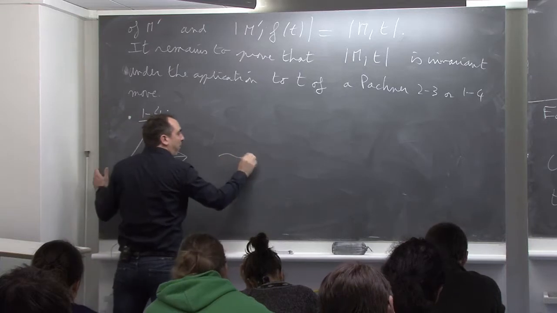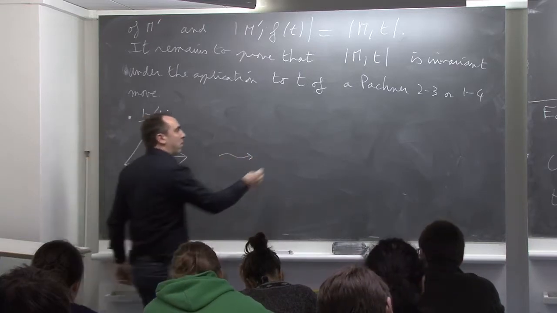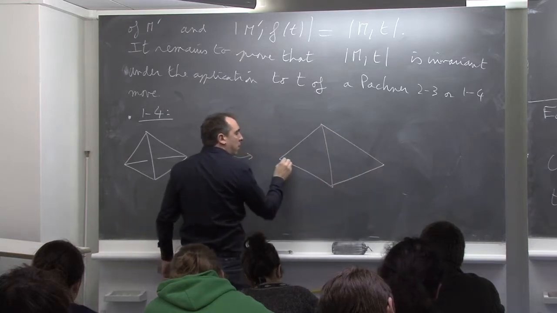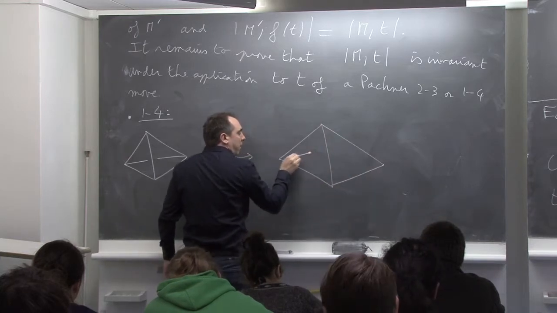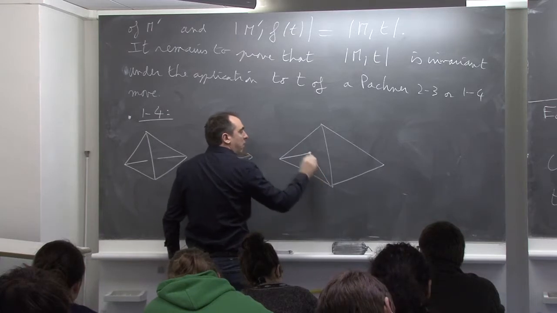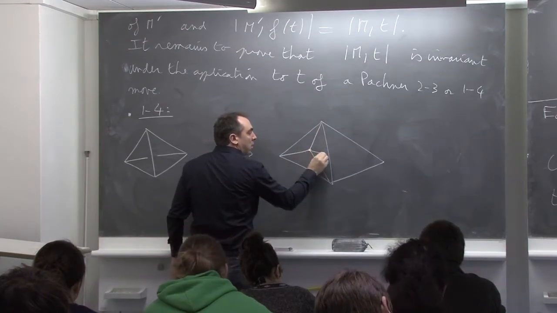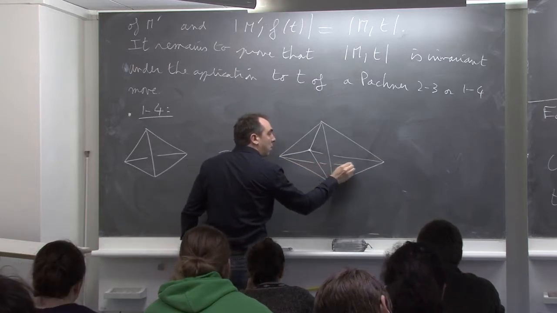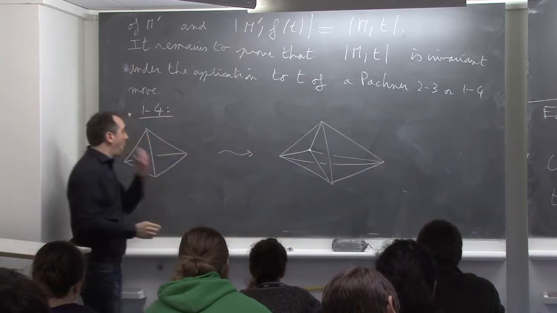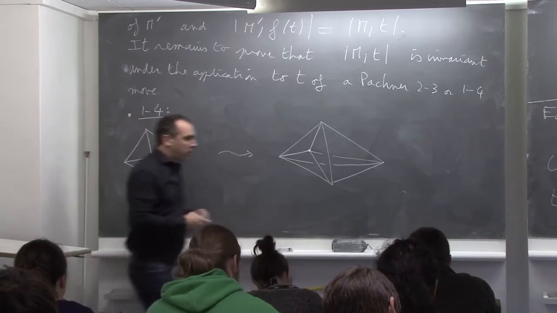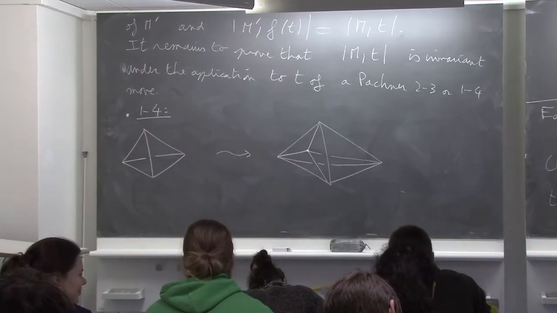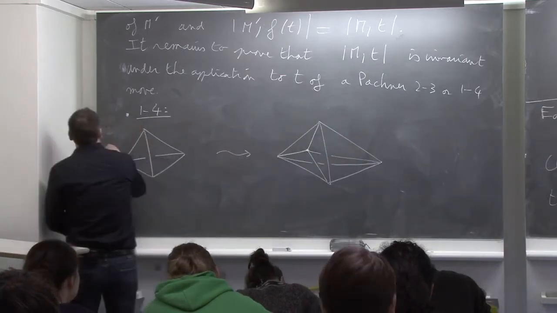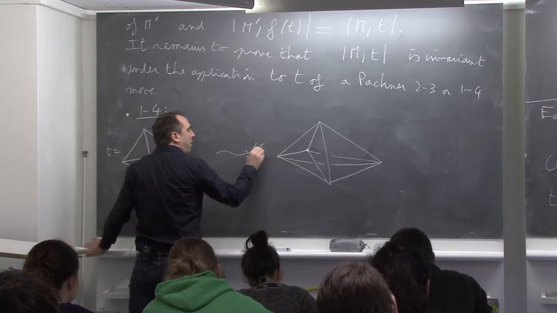And what happens is we add a new vertex inside the tetrahedron and new edges. Okay, like this. Now, our triangulation T is transformed into T prime.